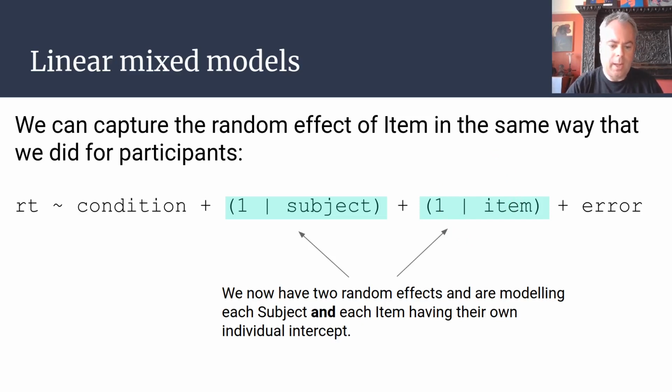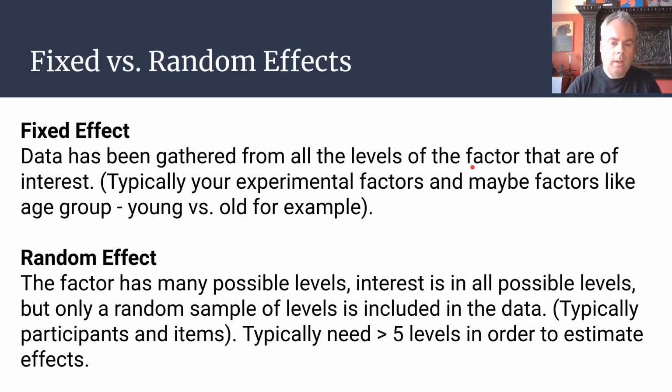So we've now got a mixed effects model with a fixed effect of condition, that's our experimental manipulation, a random effect of participants or subjects, and a random effect of items. This combination of fixed and random effects basically defines what a mixed model is.